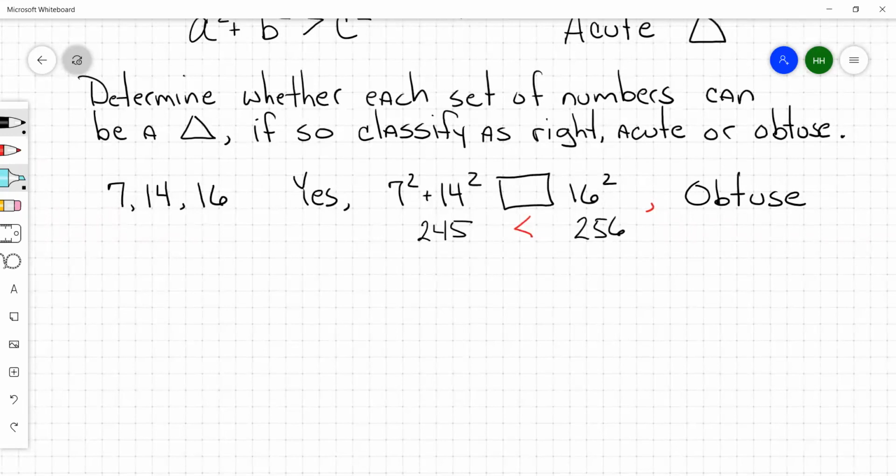Let's do 9, 40, and 41. First of all, is it a triangle? Is the third side between the sum and the difference of the two shorter sides? 40 minus 9 is 31. 40 plus 9 is 49. And the third side is between 31 and 49, so this is yes. Then we take 9 squared plus 40 squared, and we compare it to 41 squared.